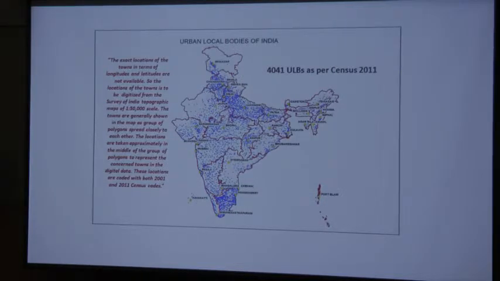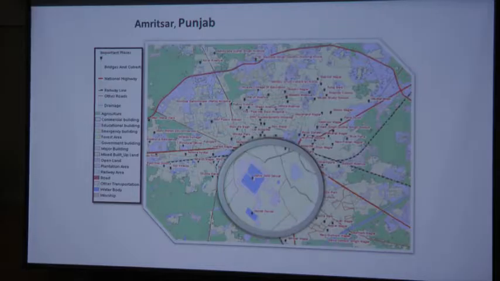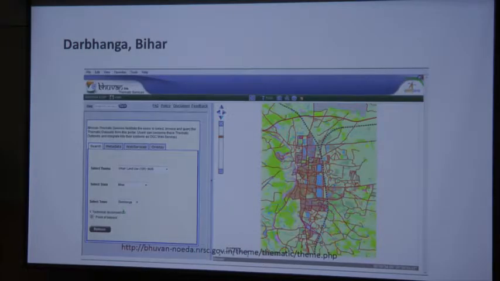As far as urban local bodies, there's 4,041 urban local bodies per census of 2011. So that's a huge level of mapping at the local scale. A couple of examples that I just drew from Bhuvan. Here's Amritsar in Punjab, having pretty detailed mapping going on.